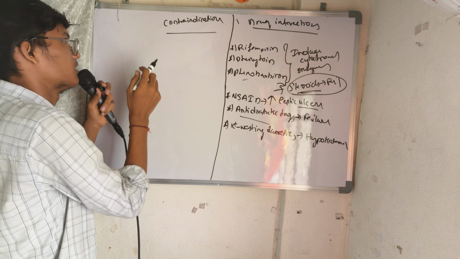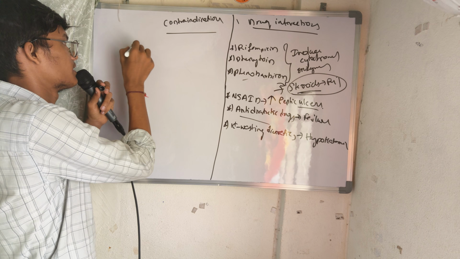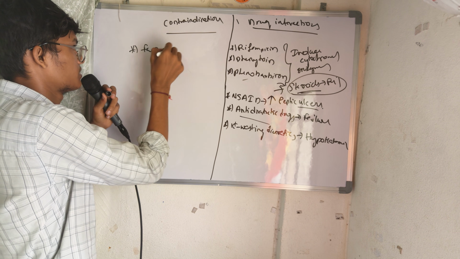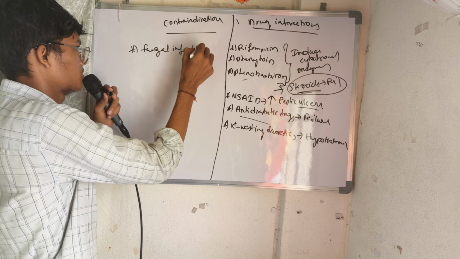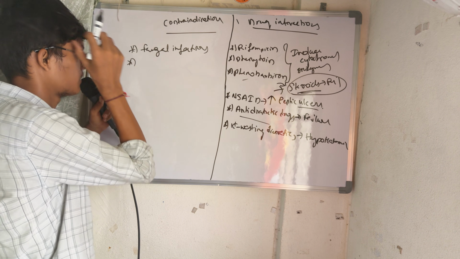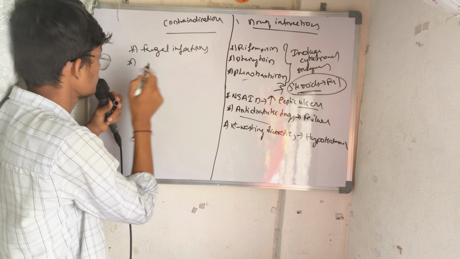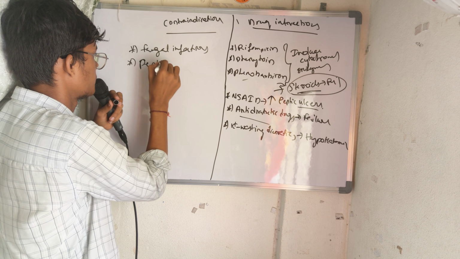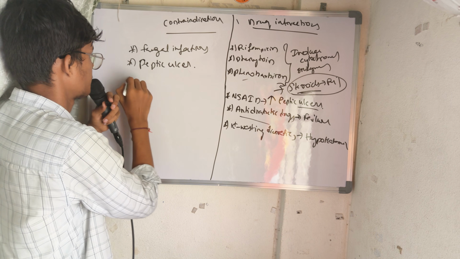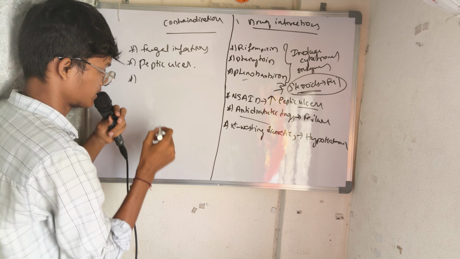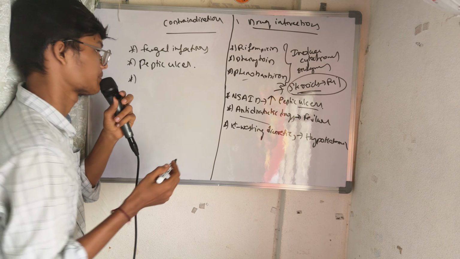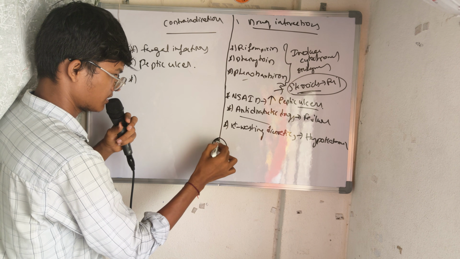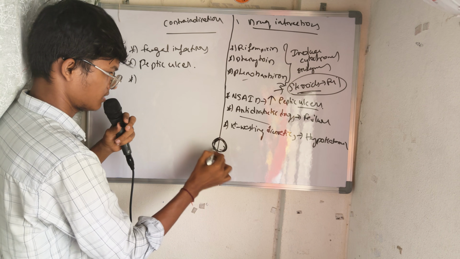And in the contraindications, you can write the person already suffering with fungal infections, because I already told it might lead to candidiasis or any other fungal diseases. And peptic ulcers you should not give. Why? Because if this is a gastric mucosa, the mucus production will be altered, right?